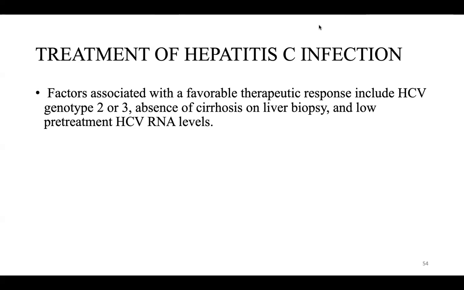In contrast to the treatment of patients with chronic hepatitis B infection, the primary goal of treatment of patients with hepatitis C infection is viral eradication. In clinical trials, the primary efficacy endpoint is typically achievement of sustained viral response, defined as the absence of detectable viremia for 6 months after completion of therapy.